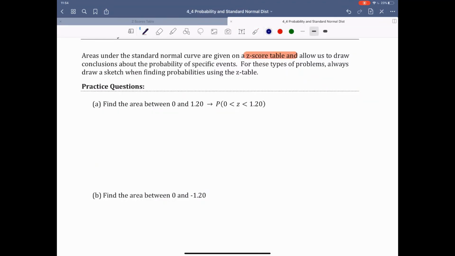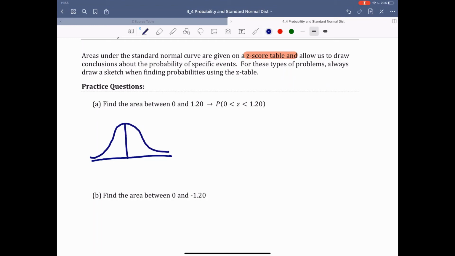So we want to find the area between 0 and 1.2 in your table. That is the probability that z is between 0 and 1.2. Okay, let's first draw a picture. So you always want to draw a sketch of what you're actually trying to find. My sketches are never perfect, so you can just use your imagination.